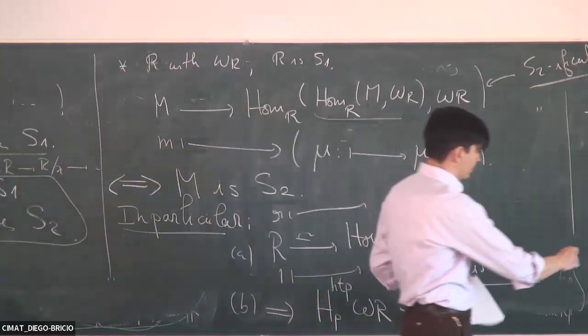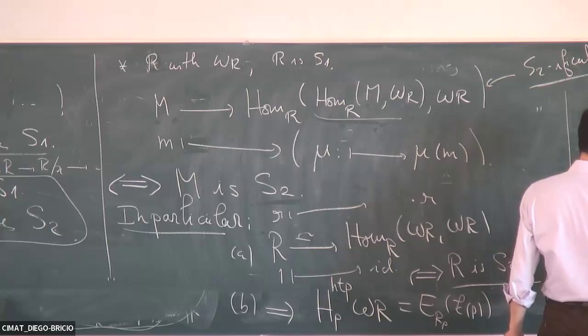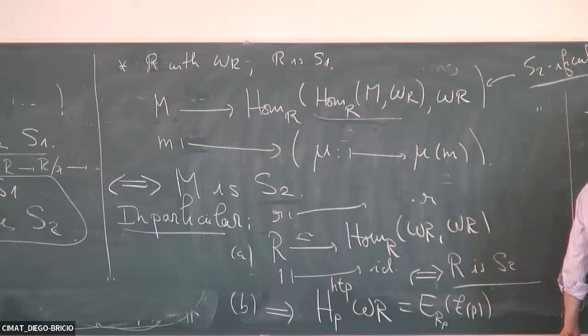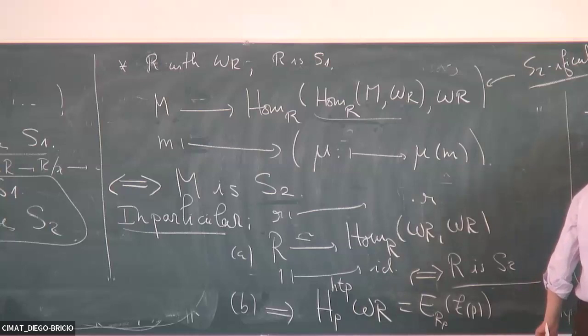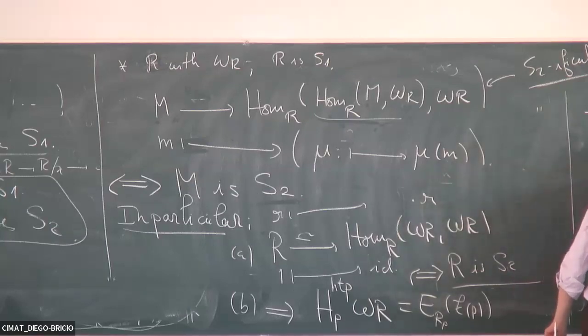Then phi is injective, respectively surjective, respectively an isomorphism, if and only if phi_P, the localization of phi at P, is so, respectively, for all P.